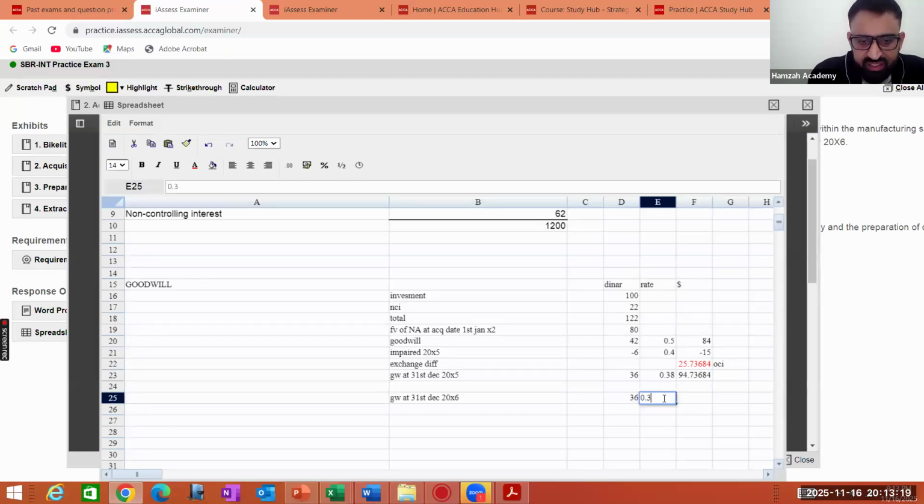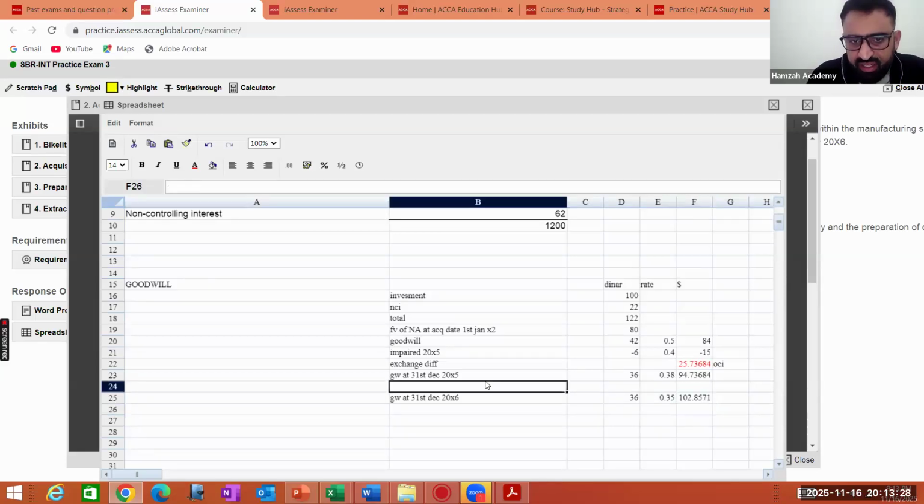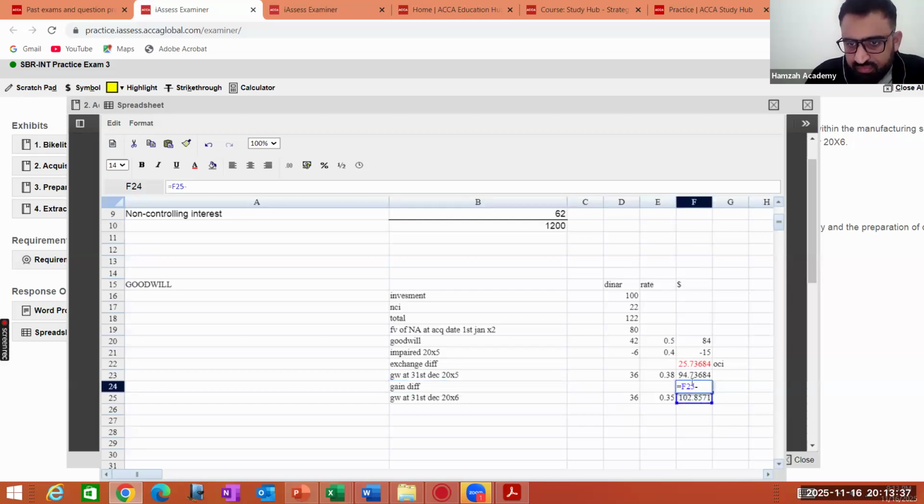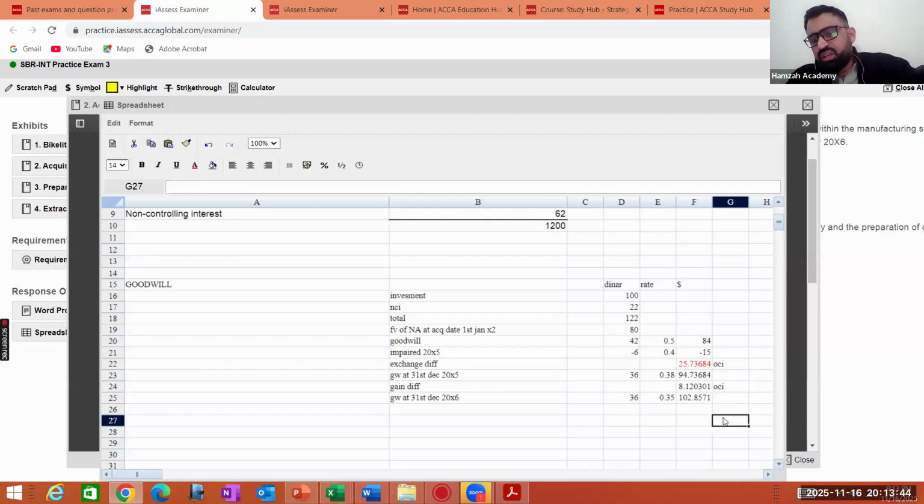So it will be retranslated again at the year end of X6, and it will be 102.875, and again the exchange difference, and this time it will be 8.12 again. Other comprehensive income, 80% belongs to the group and 20% belongs to the NCI.